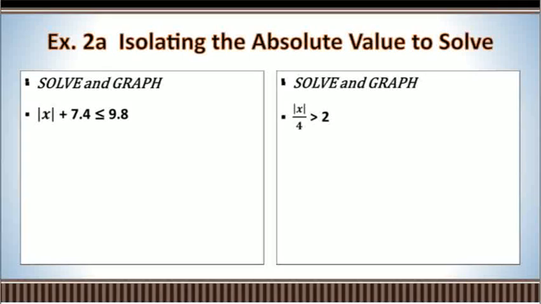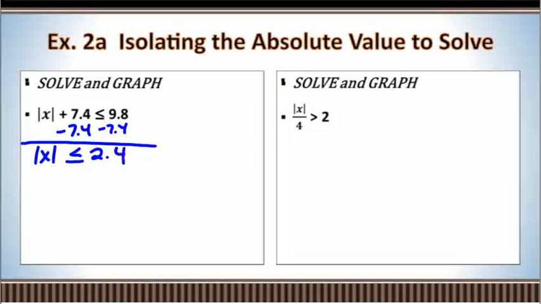Second type of problem, isolating the absolute value to solve. We need to isolate it first before we determine what kind of conjunction it's going to be. So I need to get this by itself, so I'm going to subtract 7.4 on both sides. I get the absolute value of x is less than or equal to 2.4. Since it's less than or equal to, I know it's a conjunction, so I can have x in the middle.